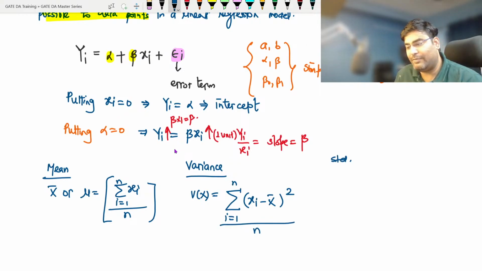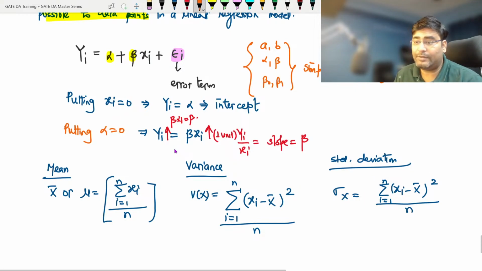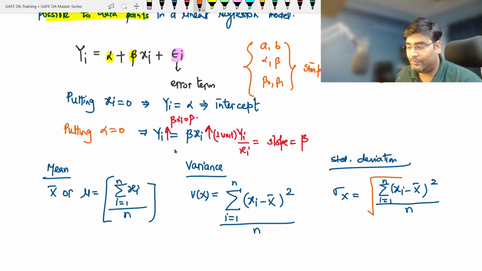And the last thing will be standard deviation, which is the square root of variance, denoted by sigma x, and it will be root under, please pay attention, xi minus x bar whole square, i equal to 1 to n, divided by n. This is under root.